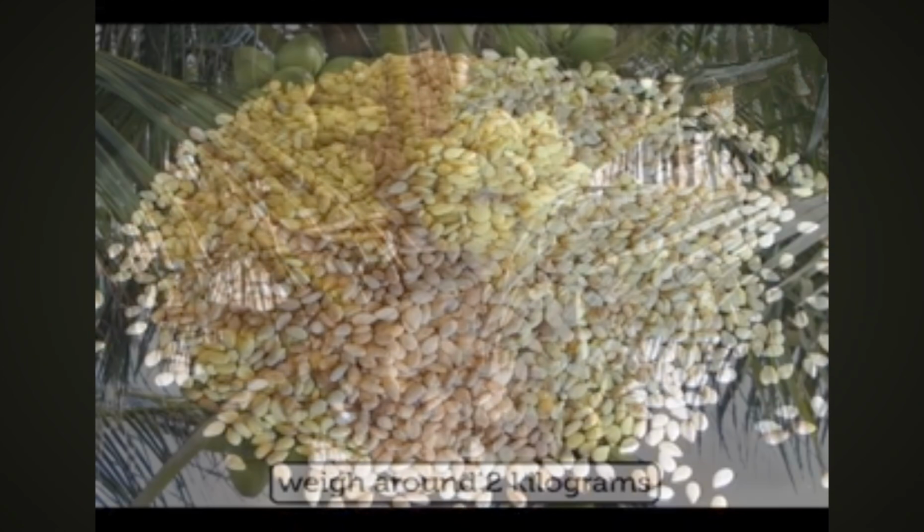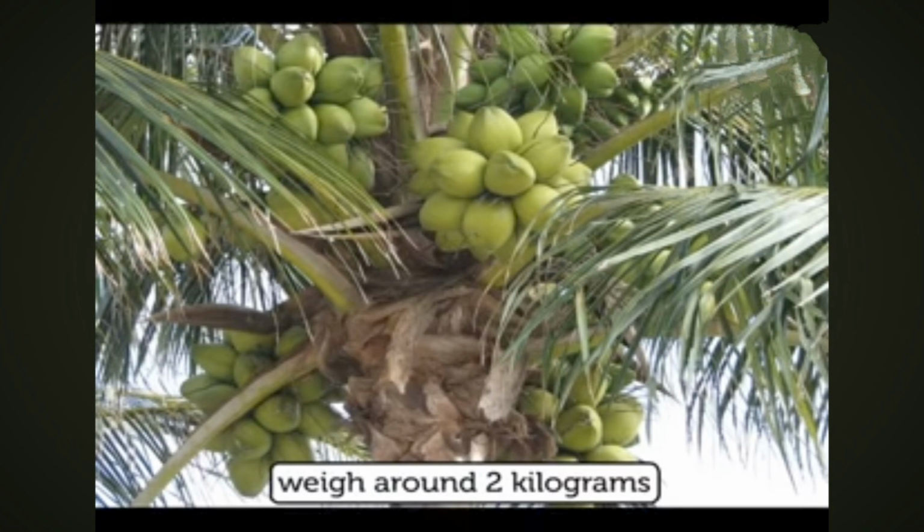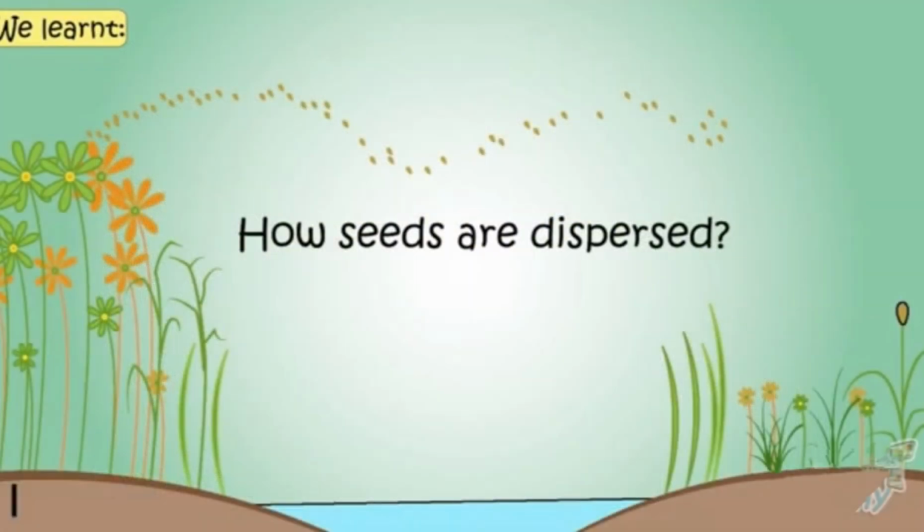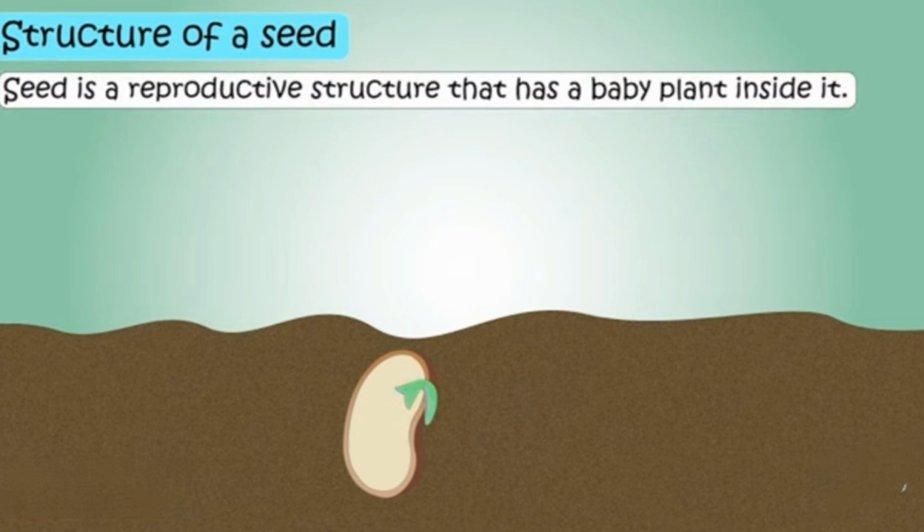Even some of the seeds are heavy in weight and they have to disperse from the parent plant to grow into a new plant, so we have different agents of dispersal. Wind, water, animals and explosion are some of the dispersing agents.